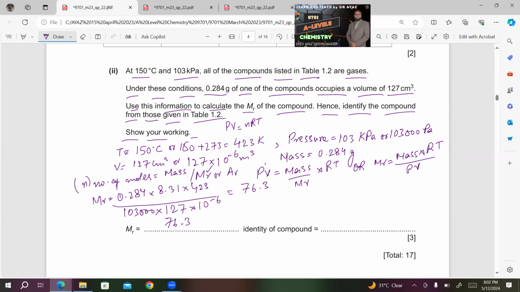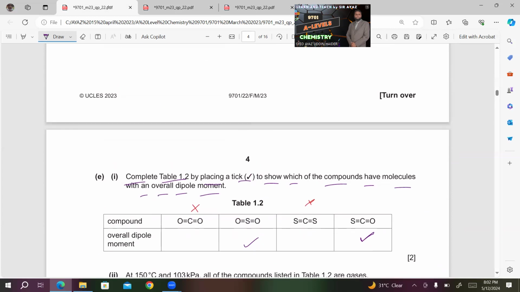So what I will do, I will write the formula of the compounds. If you look at the compounds here, we have CO2, SO2, CS2, and SCO.